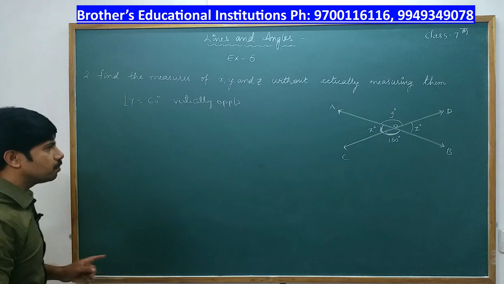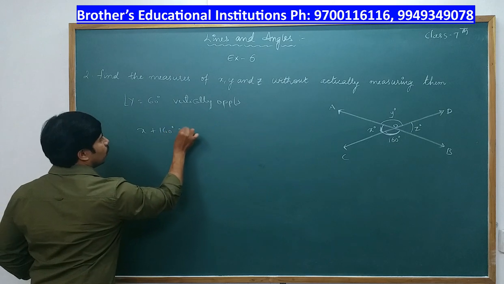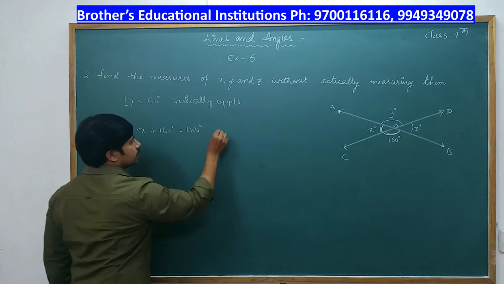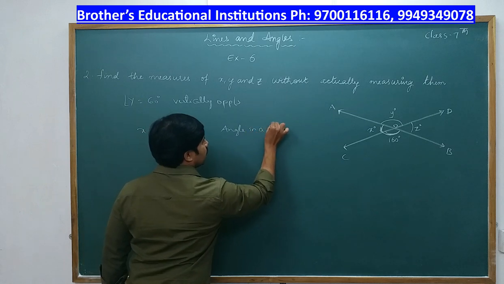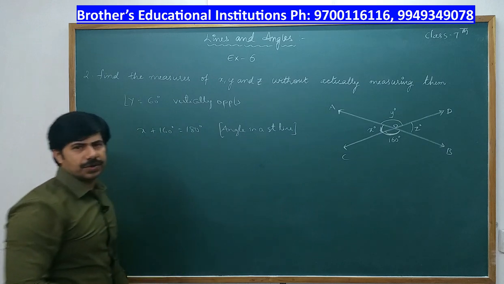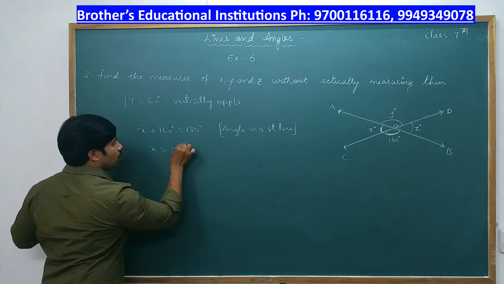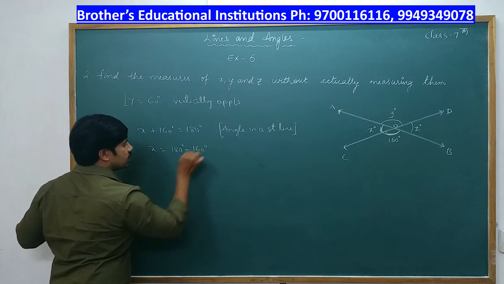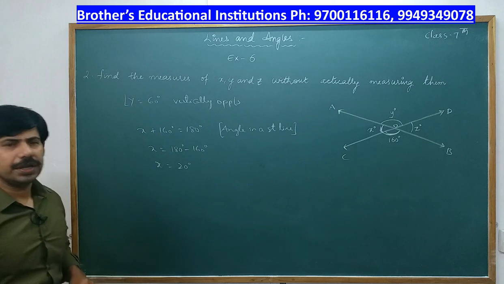So now X plus 160 is equal to 180 degrees. We say it is angle in a straight line. So what is X equal to? It is 180 minus 160. So X is equal to 20 degrees.